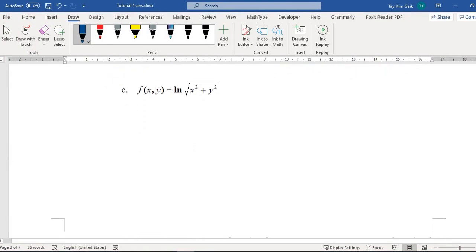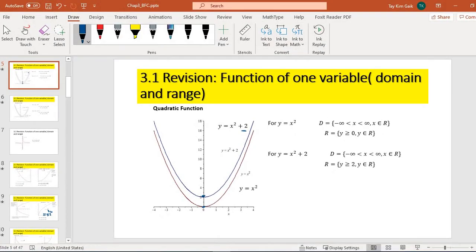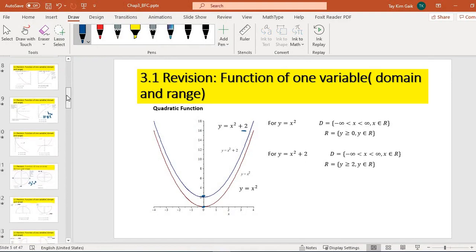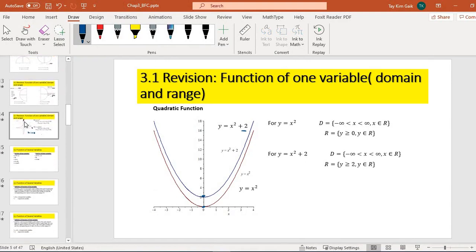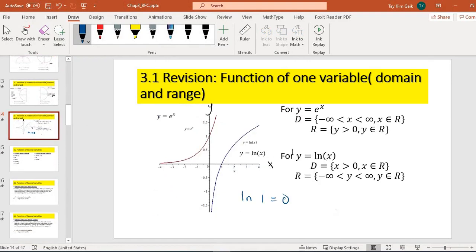C, f(x,y) is ln of the square root of x squared plus y squared. Okay, recall the graph of ln, a function of one variable. Y equals ln x, so x must be positive so that ln is defined. You cannot take ln of a negative number such as negative 1.